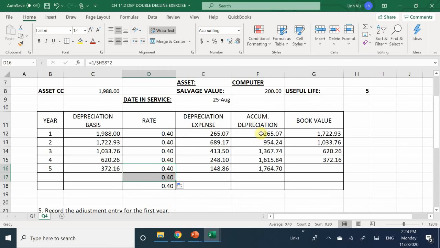We got 1,615.84 for the previous one, plus 148.86. That should give you an even number of 0.